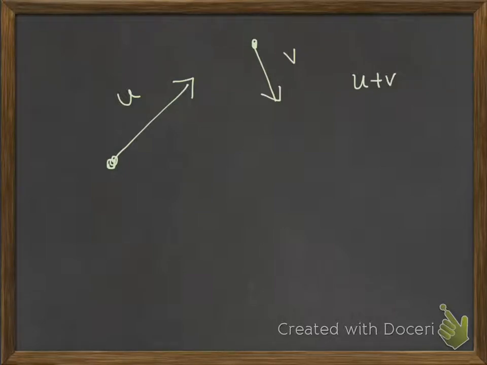We take the tail of v and we place it at the head of u, and that's not quite right. Let's try that again. It needs to go in exactly the same direction as v and have exactly the same length. And this vector right here is equivalent to v. And then we sketch the new vector that's coming from the tail of u to the head of v, and that is u plus v.